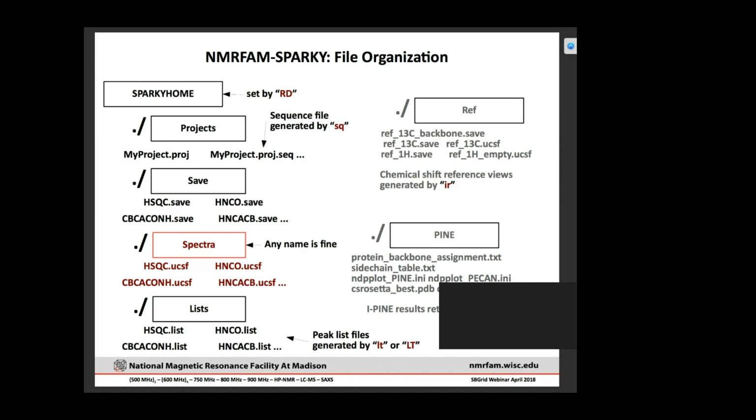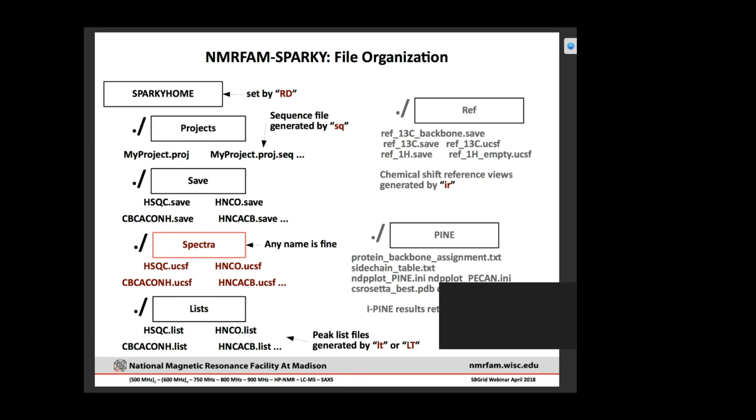So NMRFAM-Sparky has its own file organization. It's pretty similar to UCSF-Sparky, but one thing that I'd like to emphasize is that Sparky home, which is the root directory of your project, can be easily set by a two-letter code, capital R and capital D. By typing two-letter codes, NMRFAM-Sparky can accelerate all of your tasks.